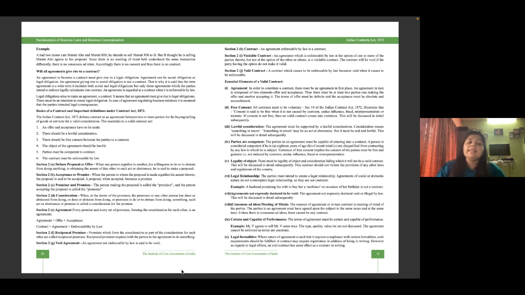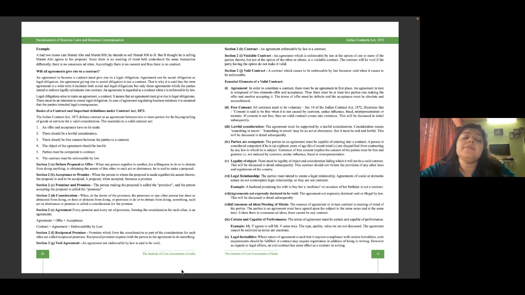So basically, whenever we are talking about acceptance, it is the fact that the other person to whom the offer is being made has provided his assent. The third is with respect to who exactly is the person who's making the offer and who is the person who's actually accepting the offer, the offerer and the offeree.